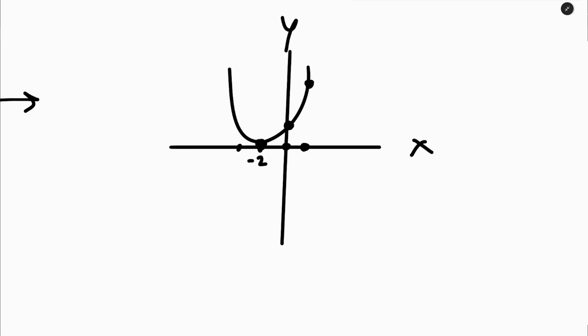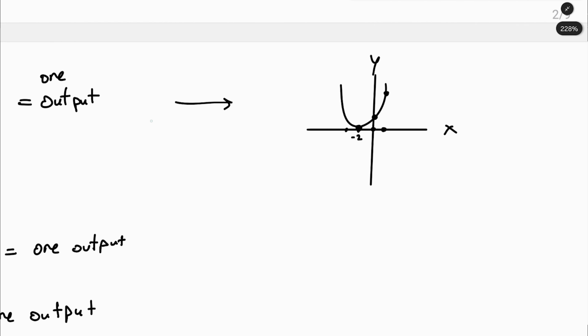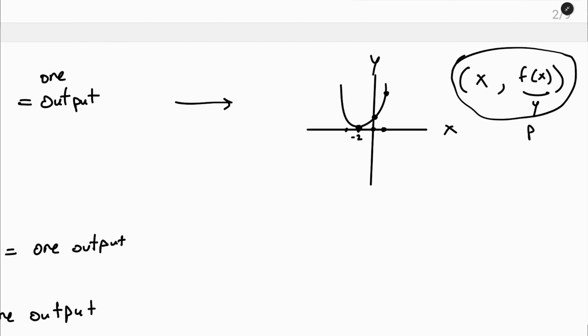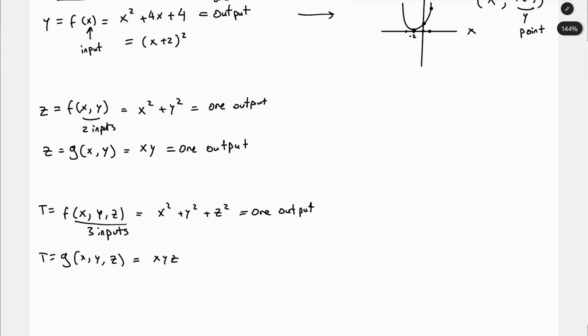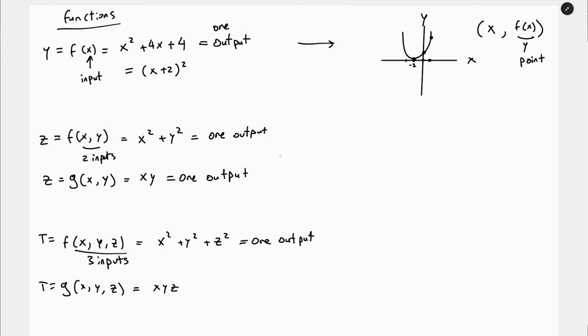And when we combine the coordinate like this, our x input and our output, the function, this is our y, we get a point. This is a point. And when we plot infinitely many of these, we get this shape, right? And so similarly, it's the same idea for these ones as well.